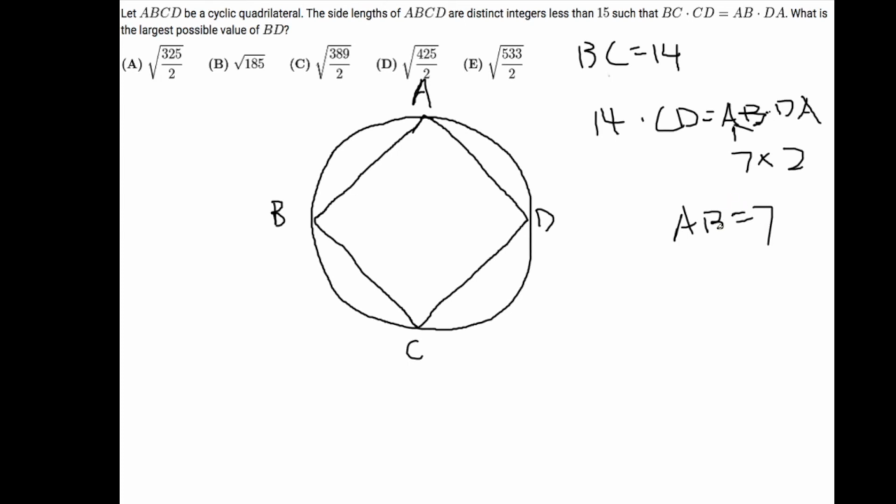So we know that AB is 7, and DA is 2 times some constant K. The biggest multiple of 2 that's not 14 and less than 15 is going to be 12. So K is equal to 6. So we know that DA is 12, AB is 7, BC is 14, and CD, just by simple algebra, is going to be 6. So we can just write these down.